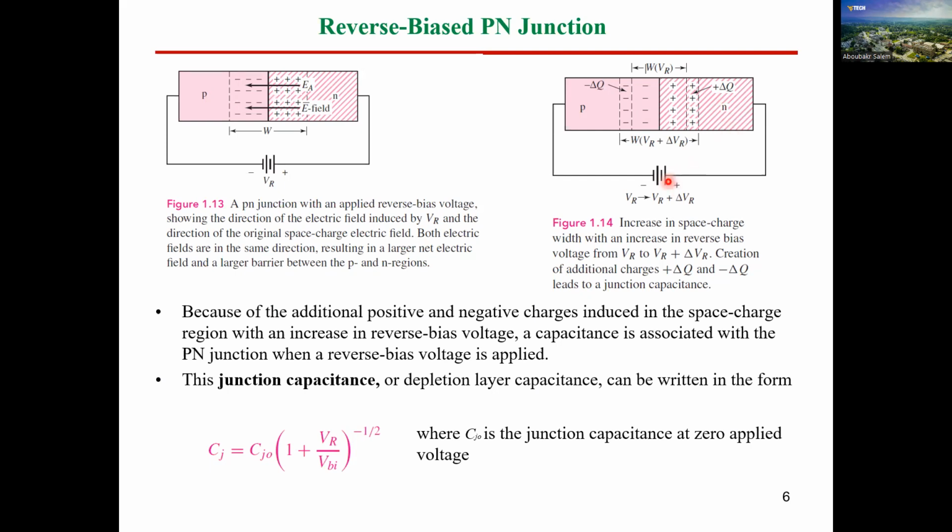This is positive, and this is connected to the N. If you have electrons here, these electrons are going to move in this direction to be connected to the positive. Any negative charge will move in that direction. And on the other side, for the P, any positive charge will move in the opposite direction.